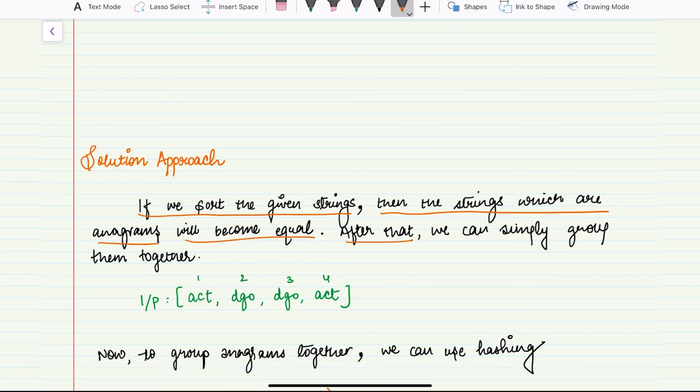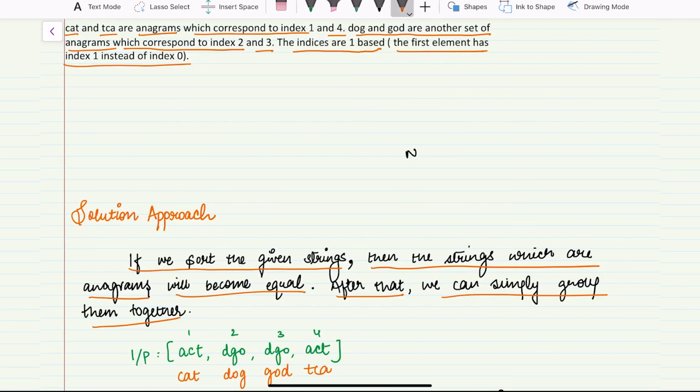And after that, we can simply group them together, right? So here we have got the input as act, dgo, dgo and act. We have got them by sorting the individual strings given in the input. So act represents cat, dgo represents dog, dgo again represents god, and act represents tca, right? So we have basically sorted them.